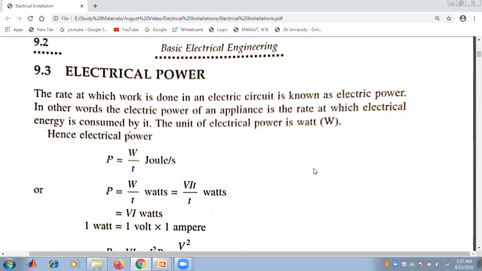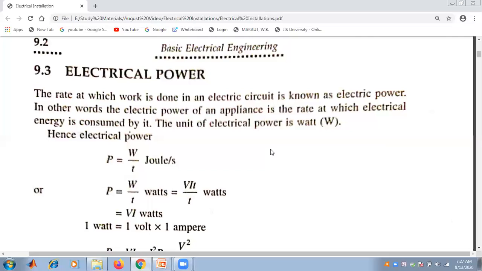In other words, the electric power of an appliance is the rate at which electrical energy is consumed by that appliance.